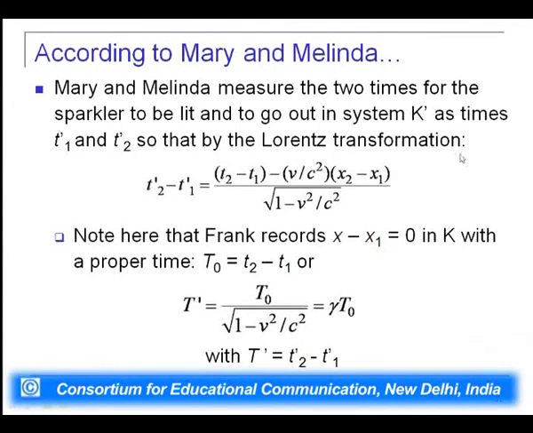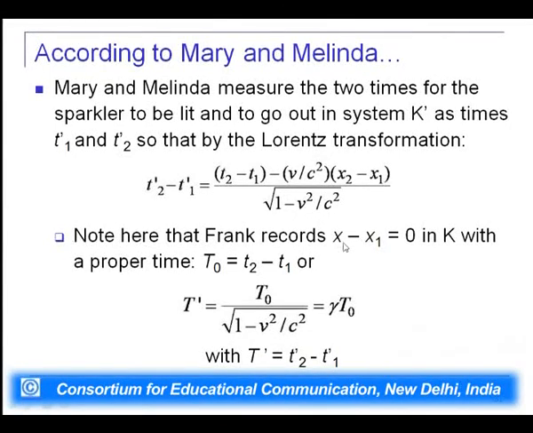By the Lorentz transformation, since Melinda is at the x2 dash position and Mary is at the x1 dash position, the difference between the times is t2 dash minus t1 dash, which is equal to t2 minus t1 minus v by c square times x2 minus x1, divided by root of 1 minus v square by c square.